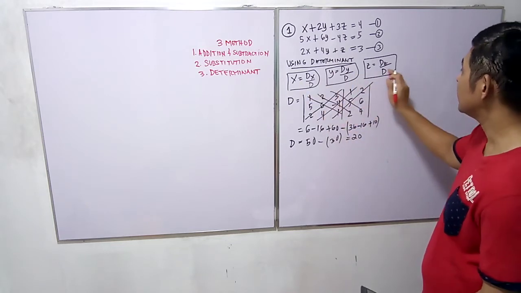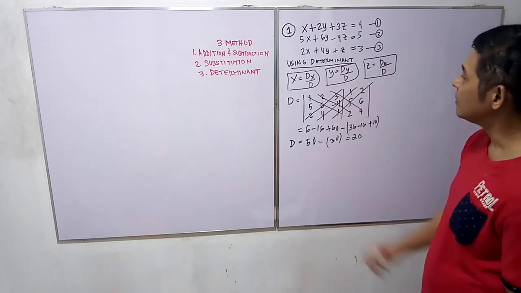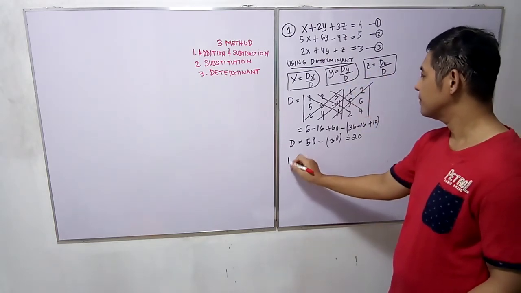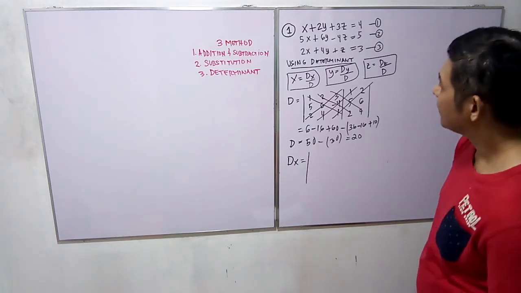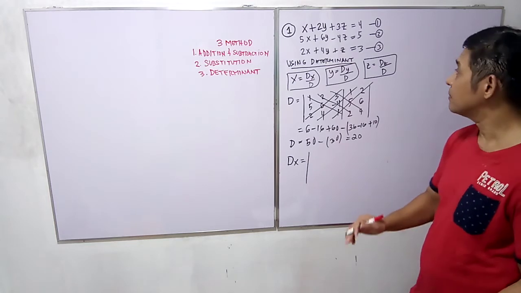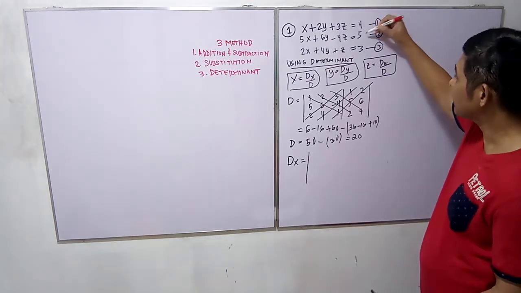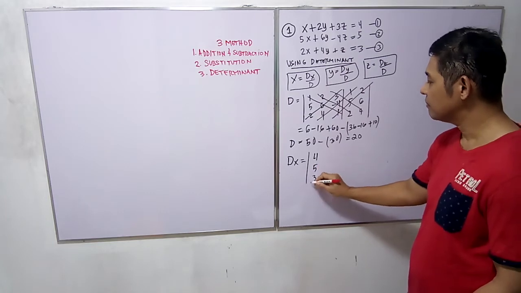Okay na yung tatlo eh. So, tapos na yung problema. Yung another 3 na lang, yung dx. Dx, actually, ang ihahalili natin sa x, coefficient of x term, yung constant, ito, 4, 5, and 3. Therefore, makipunta sa rito. 4, 5, and 3.